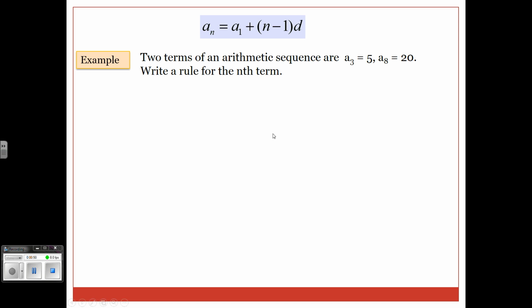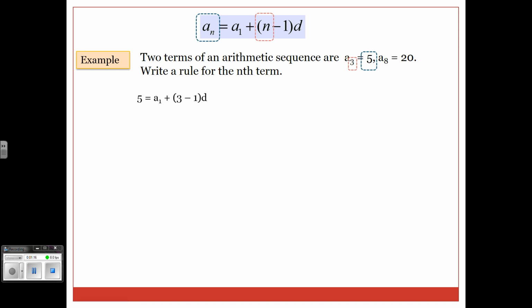So let's take what we do know. I know a sub n. If I take the third term here, I know that the third term is 5. So I can plug 5 into this spot into my formula. I also know n. N is right here. N is 3. So I can use the 5 and the 3 and plug them in here and there and write an equation.